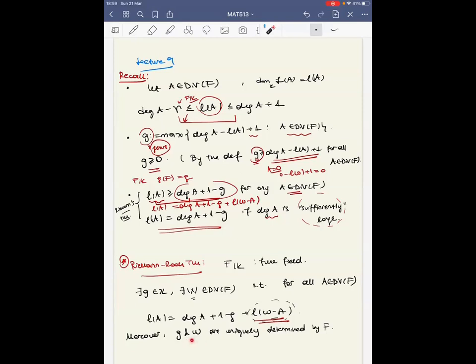And if we suppose that there exists another integer, let me call it G0, and another divisor W0 that gives us this equality for all divisors, then we will see that indeed this integer is unique and this divisor is unique up to equivalence.